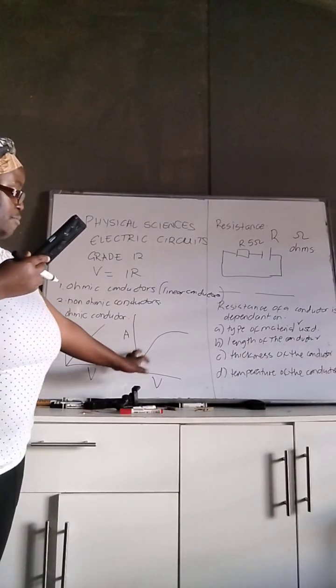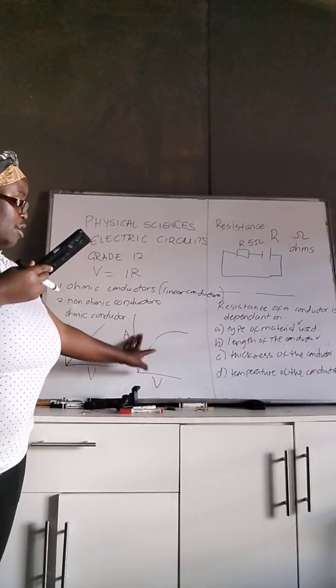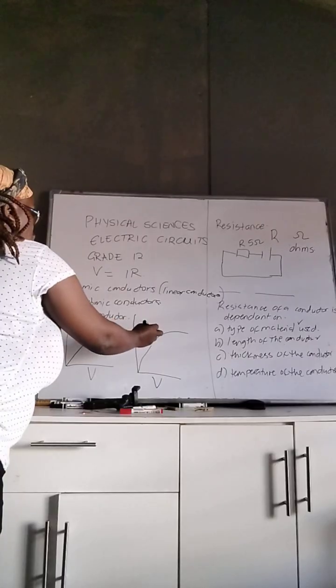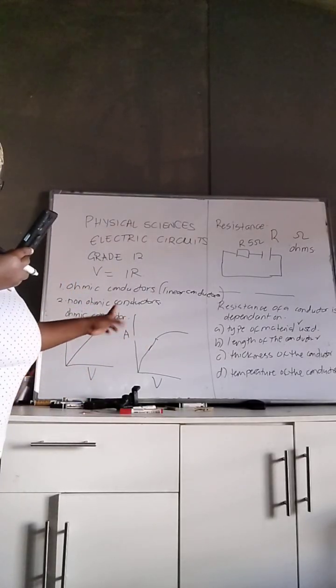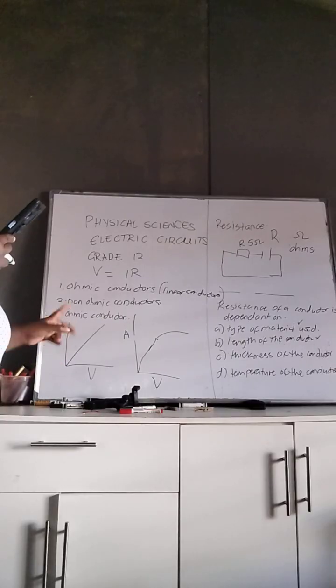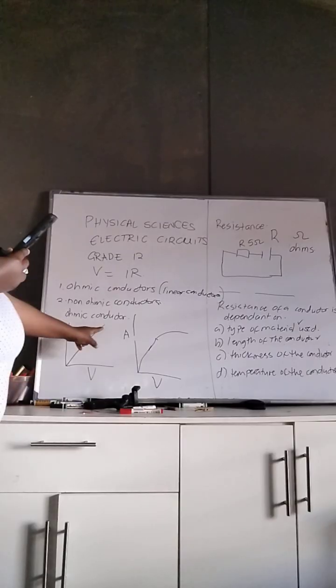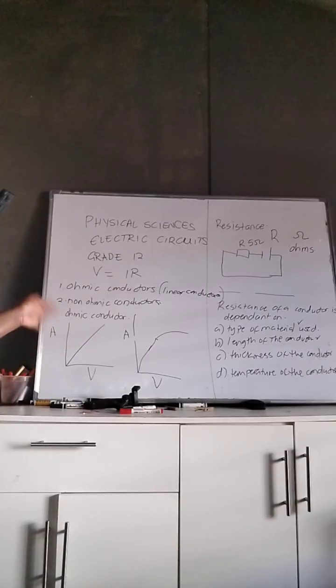So for some substances, the graph doesn't always remain a straight line like that. It actually changes. We usually measure potential difference and current and then use the data to plot a graph between the current and the voltage.